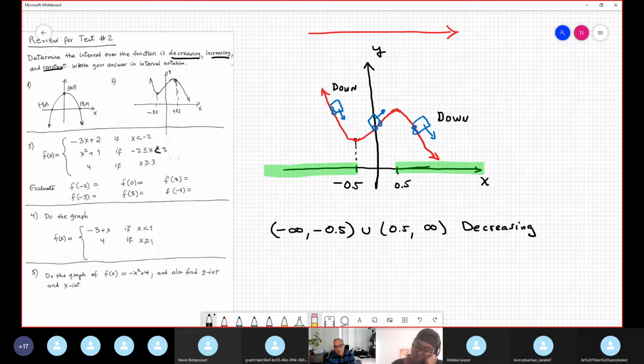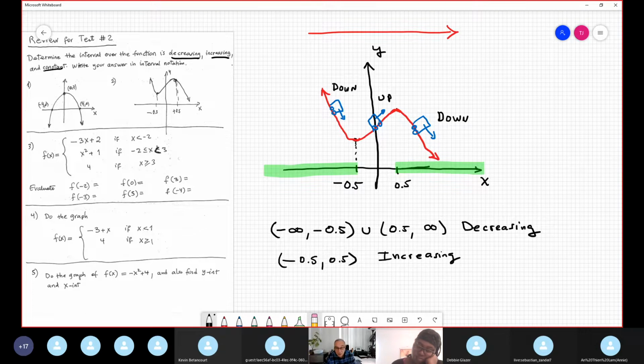This is decreasing. Super. And what about increasing? Well, it's when the roller coaster is going up. In this case it is from negative 0.5, parenthesis, comma, positive 0.5. This interval is increasing. My function is increasing.